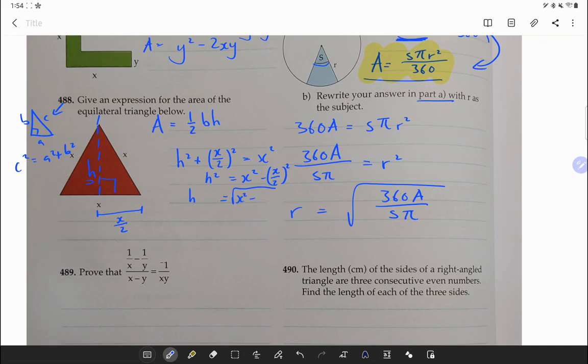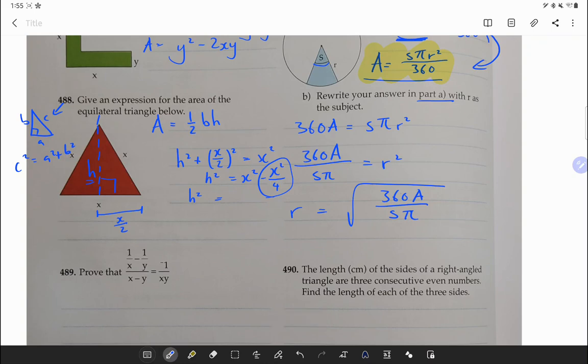You know what? Let's do that first. x squared minus this bracket here. If I square it, I get x squared on top, and then 2 squared on the bottom, which is 4. If I put them together, that minus that, remember they're like terms.